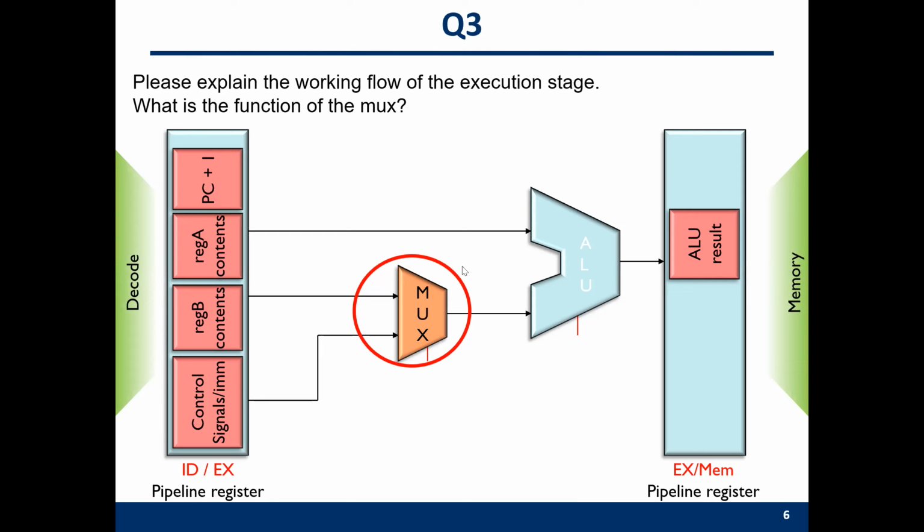Besides this type of instruction, it's possible for you to compute A plus 1. This one is an immediate value, immediate data. So it depends on each type of instruction you actually run.